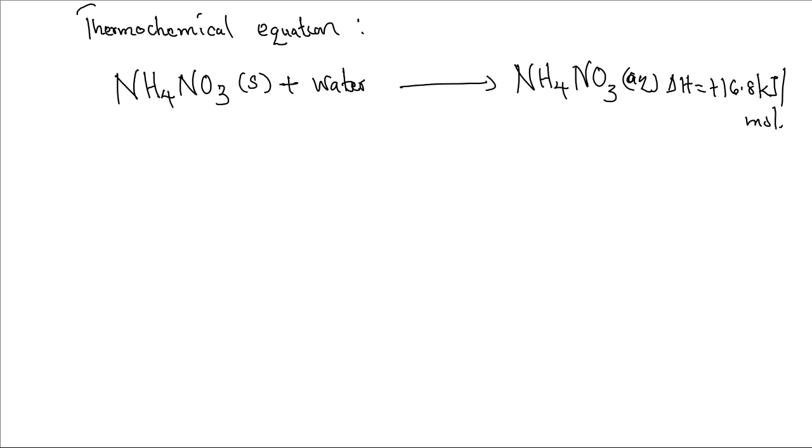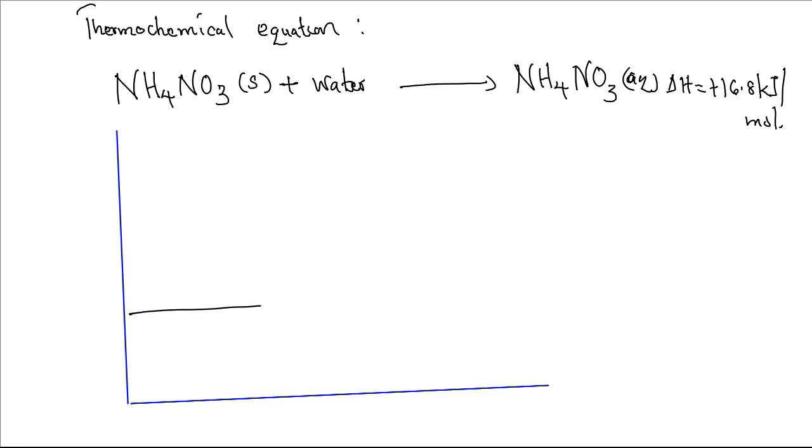Let's have this in the energy level diagram. The illustration in the energy level diagram, we have reactants, then products, that is activation energy.